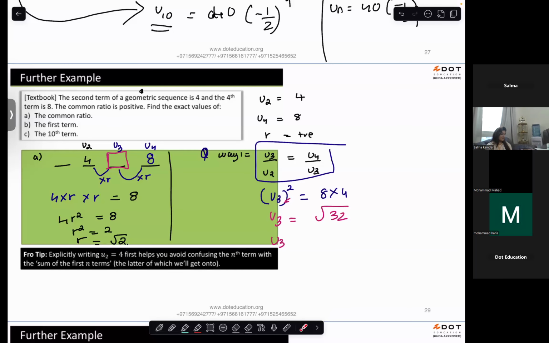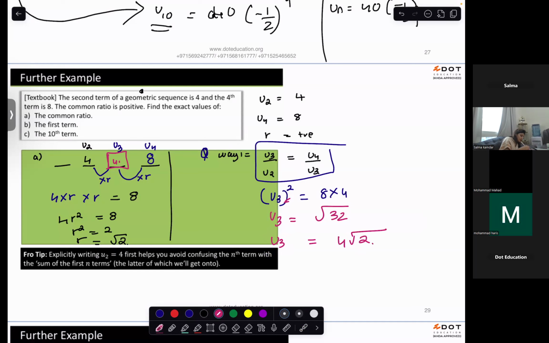Cross multiply 4 into 8. U3 into U3 is 8 into 4. Very well. So what would be my U3? My U3 would be the root of 8 into 4, which is root 32, which is 4 root 2.